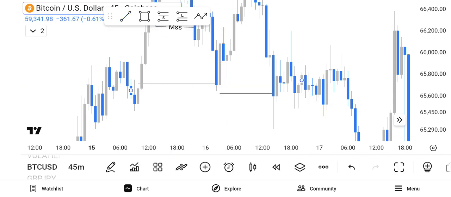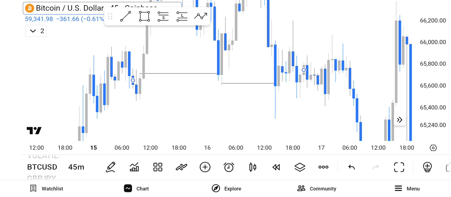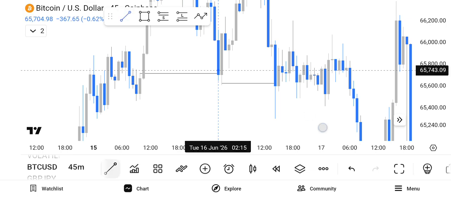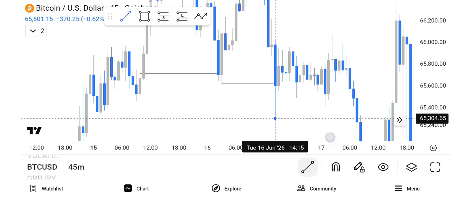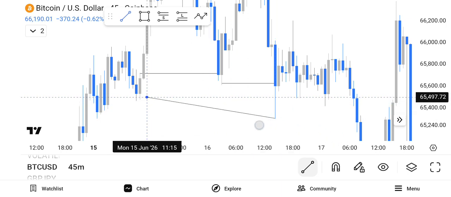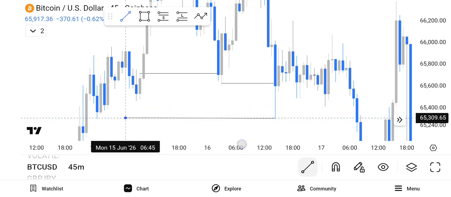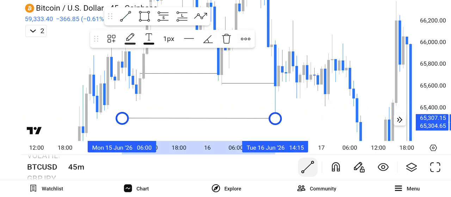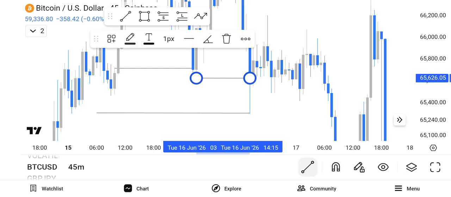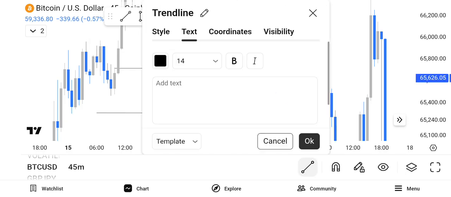Now the market came down, broke this structure to the downside, swept it, and gave us this new range. That's the new market range. So this is a break of structure to the downside.